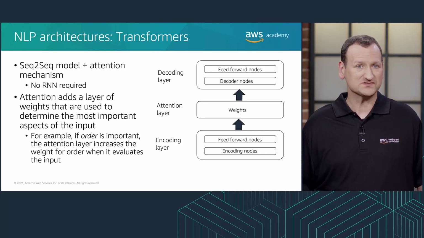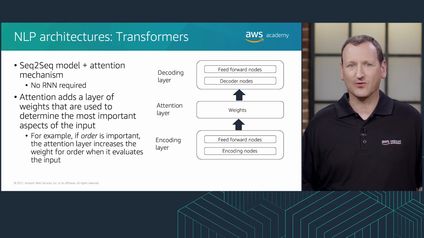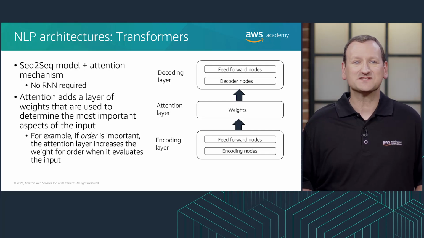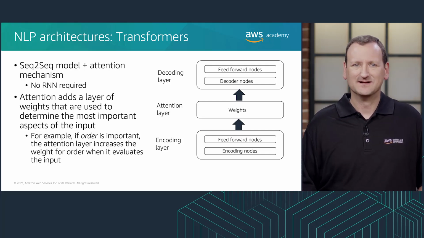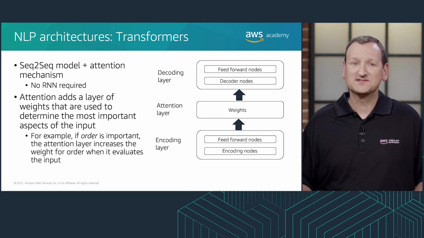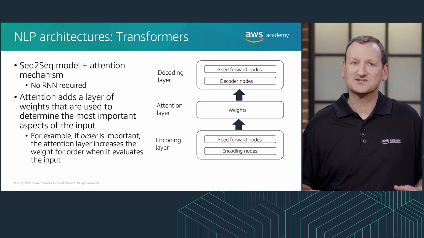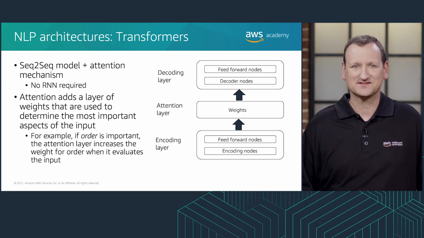Your brain knows that word order is important, so it can immediately infer the meaning of the word in relation to the previous words. So the neural network designer's task is figuring out how to give the neural network this knowledge. The transformer architecture is similar to the seq-to-seq model. However, it replaces the ability of the RNN to retain knowledge between iterations with a layer that retains the position of every word in a sequence.